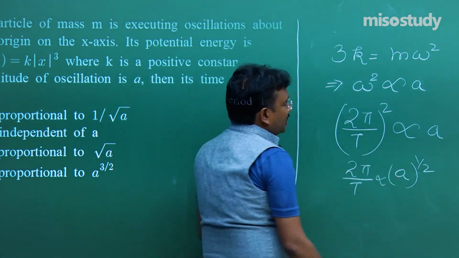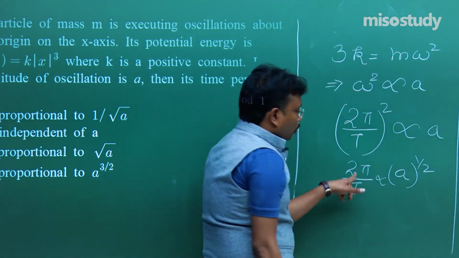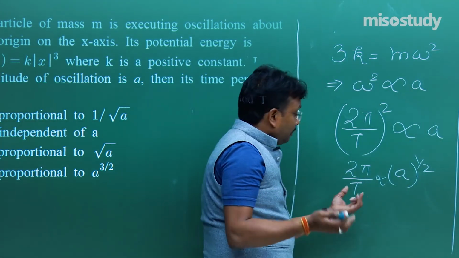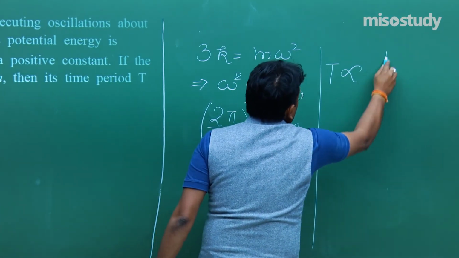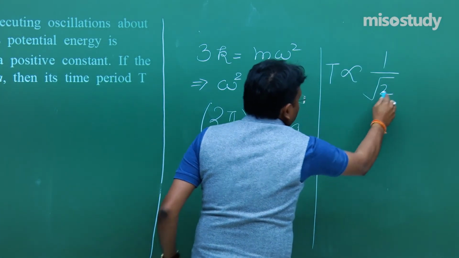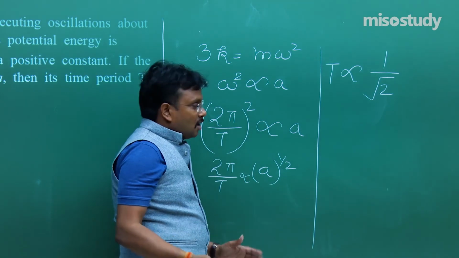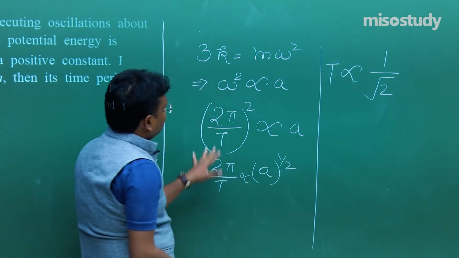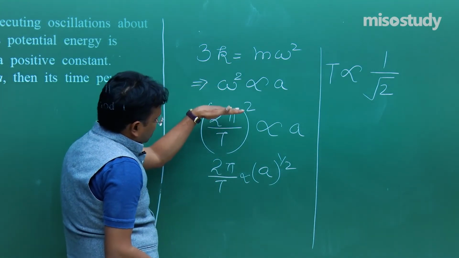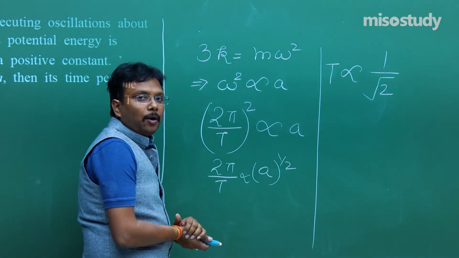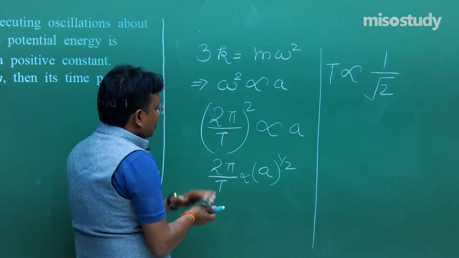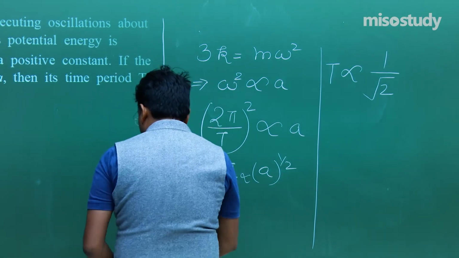So from here, 2 pi is a constant term, t and a, simple. So the problem is not difficult. Certain terms are associated in such a fashion that you have to think about those terms. That's the simple explanation of this problem. Fine.